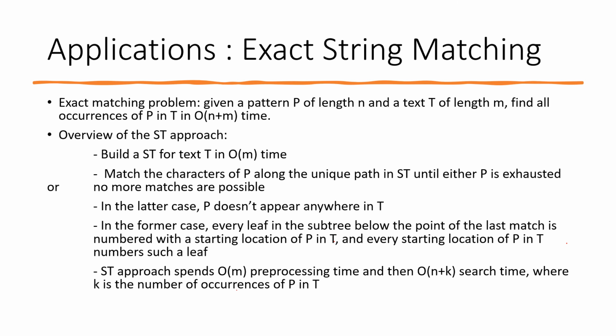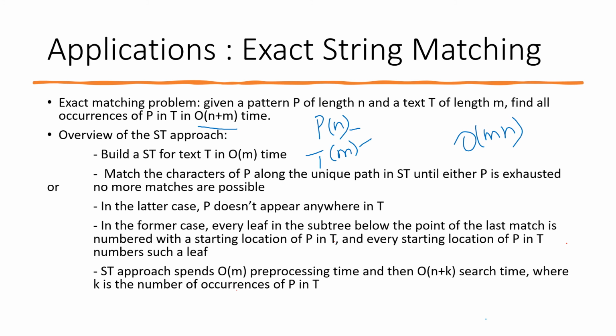So the exact matching problem is one of the important applications of suffix trees. Here we are given a pattern of length n, and we are given a text of length m. Generally in these cases we'll take at least order of m n time in naive solutions, where every letter of the pattern is compared with every letter of the text.